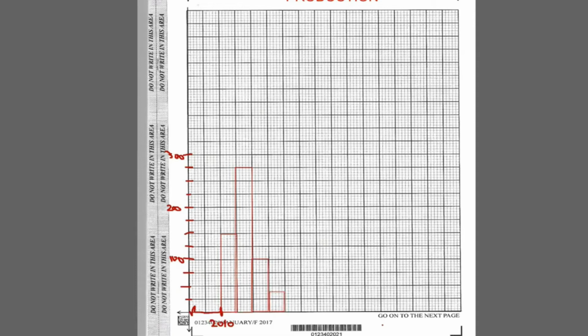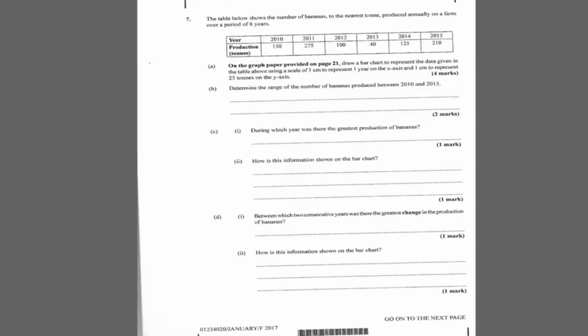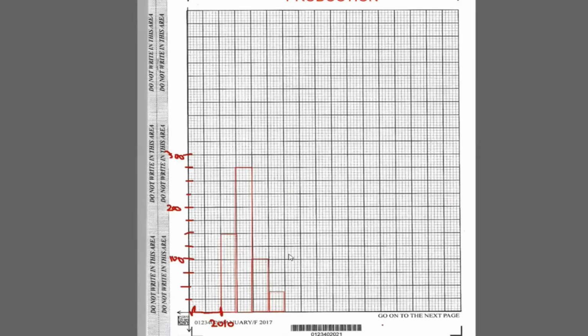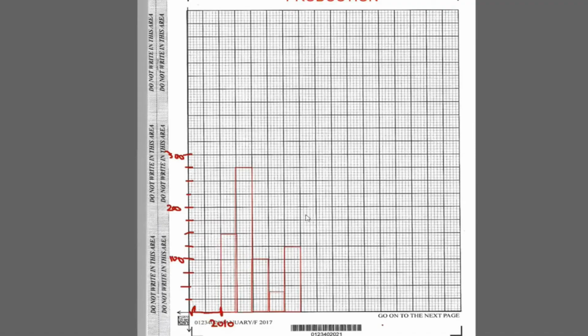In 2014, it goes back up to 125. All right, that's 125. And then 2015 is 210. 210 would be right here.